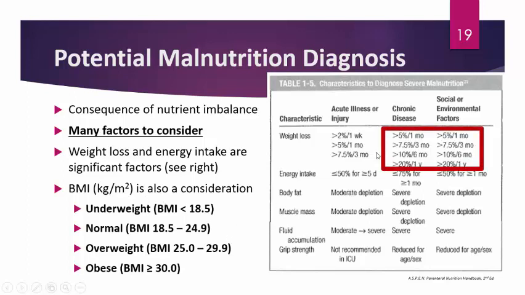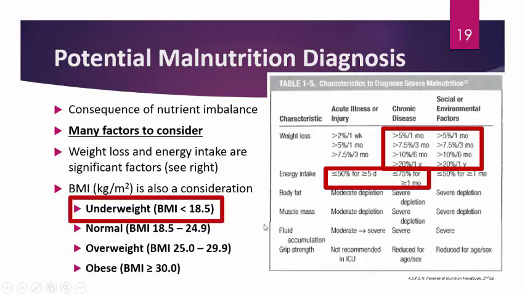So if you see here, depending on if you've had a history of weight loss over a certain period of time, or if you've had decreased energy intake over a certain period of time, that can predispose you to develop severe malnutrition. In addition, a BMI may also be a consideration, but again, a BMI is only as good as the other information that you have with it to determine if your patient's malnourished or not. So there's not necessarily one factor that can determine a malnutrition status. It's many, many different factors.